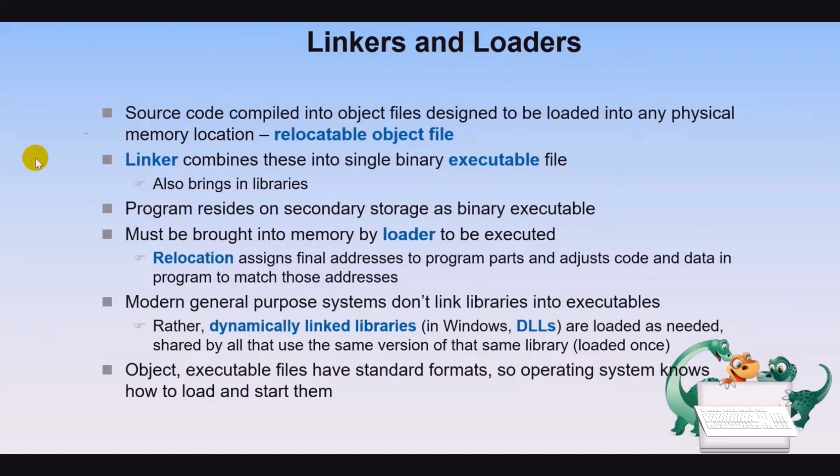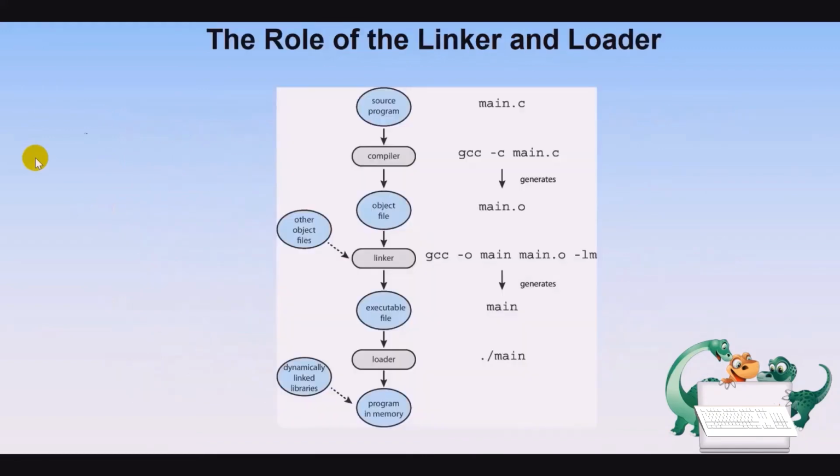That's what we do during our early days in programming, and that uses linkers and loaders. Compilers are used for high-level language programming, and in low-level programming, instead of compilers, we use assemblers.